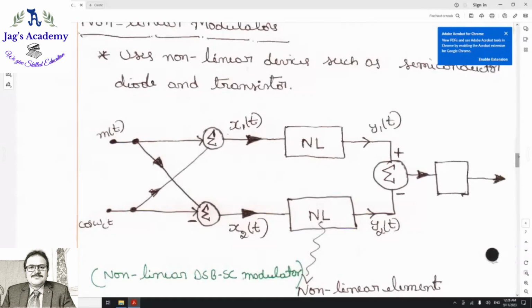What is a nonlinear device? How do you say the device is nonlinear? Exactly, Varsha, you are right. How many of you know about it like Varsha? You see the VI characteristics. Is it linear? No. Even for a transistor, see the VI characteristics.